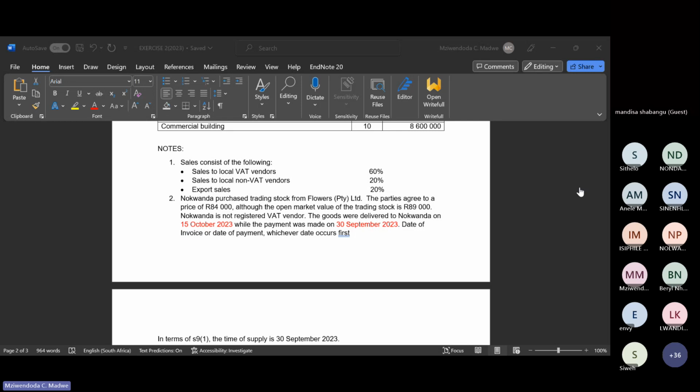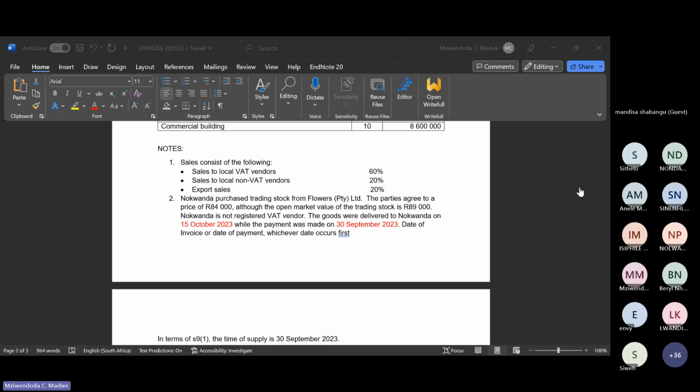First of all, we look at the general rule and say, in terms of the general rule, the time of supply is 30 September. However, in terms of section 9, subsection 2, you indicate the times of supply. You say when it's a connected person, if it's movable, if it's not movable, if it's a service, and then you indicate those cases.